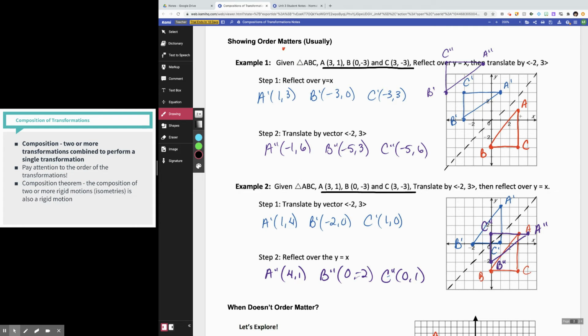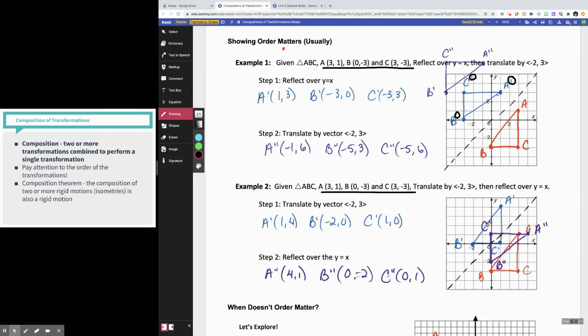So when you do the first version of this, the original triangle is written in red here. If we take it and reflect it over the line y equals x first, we get this blue triangle. Notice that it has one prime marker on each of these points to tell me that that's where it would be after the first transformation.